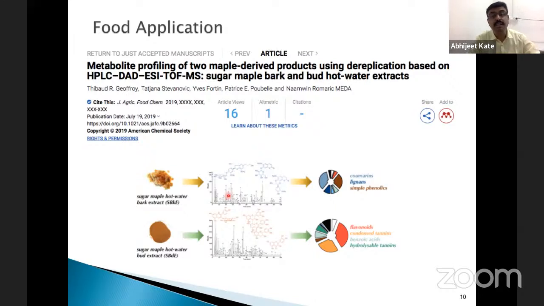This is also one of the applications. The tool is the same. You are trying to find out the molecules. So here they have used this and they wanted to see how many lignans, flavonoids, and maybe other tannins are there, and they have analyzed that accordingly. This was also an important task in food application.